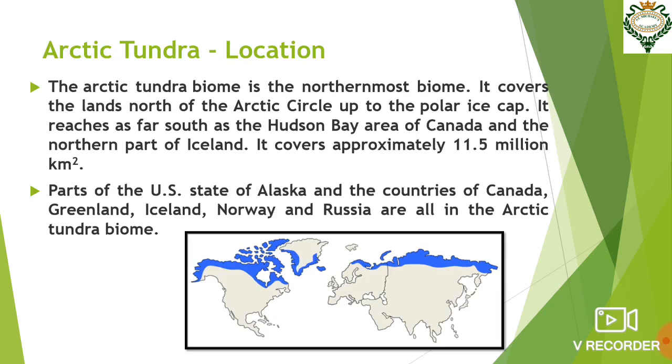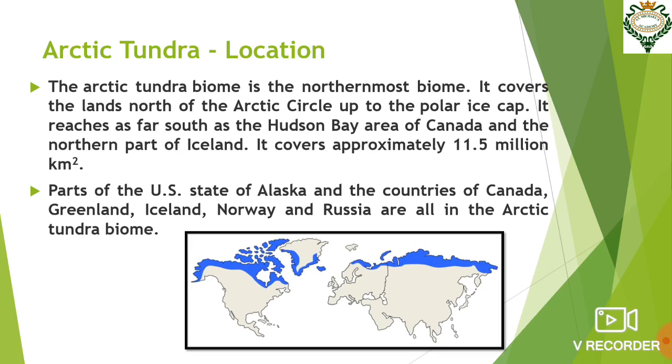So, where is Arctic tundra located? The Arctic tundra biome is the northernmost biome. It covers the land north of the Arctic Circle up to the polar ice cap. It reaches as far south as the Hudson Bay area of Canada and the northern part of Iceland.